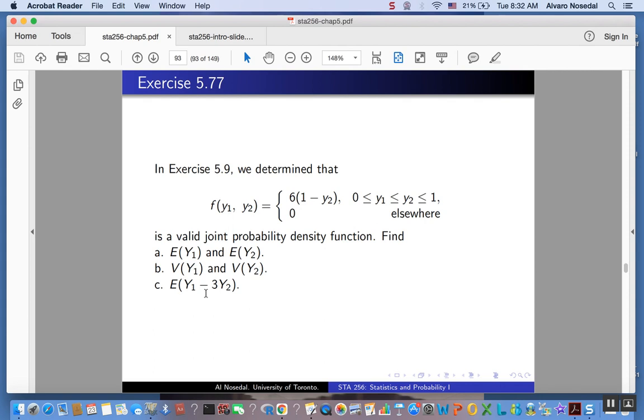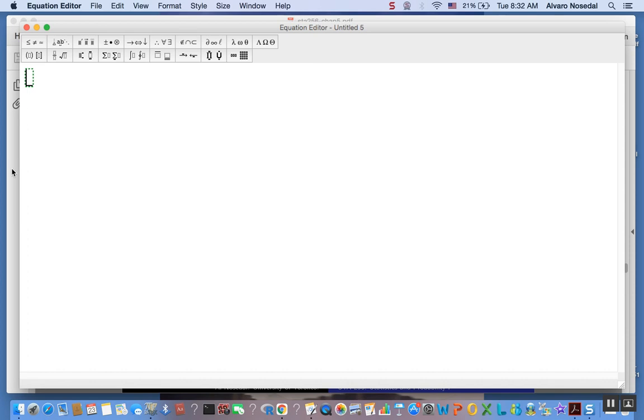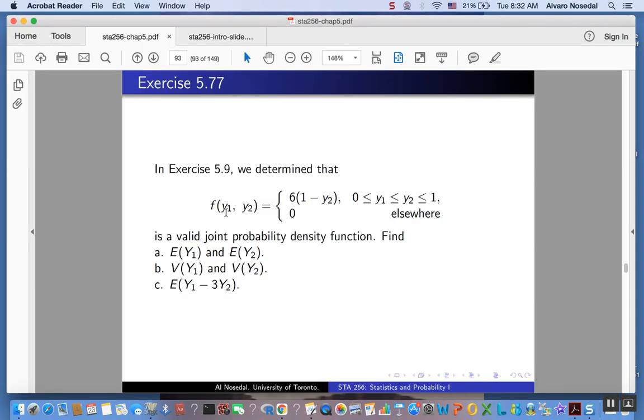Okay, so first let's talk about the expected value of y1. Let's do it step by step. Instead of using y1 and y2, I'm going to be using x and y, so I don't have to type too many subscripts.